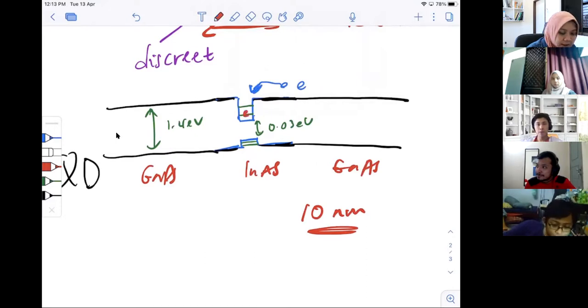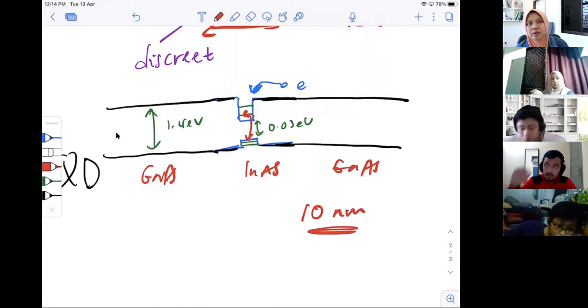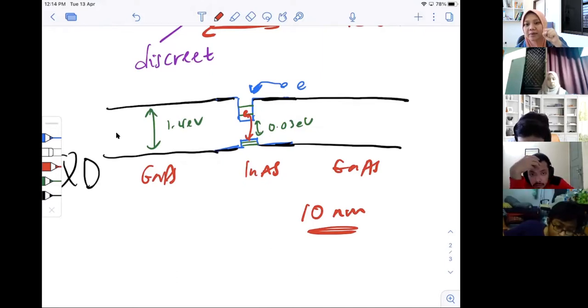It will be here and it cannot move. That means we have more control of the electron. The probability for recombination will be higher, and another advantage is that it is less sensitive to temperature. The electron is stuck, like we trap it in the quantum dot.